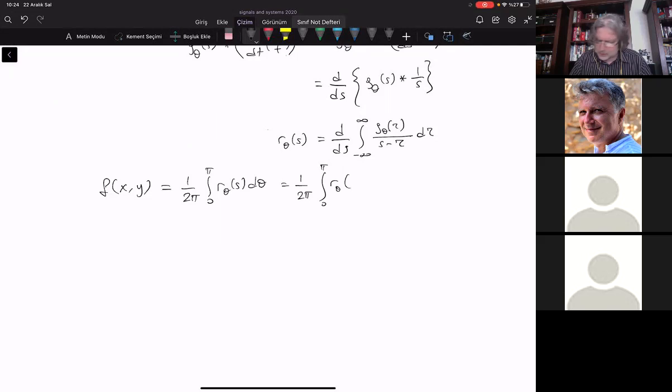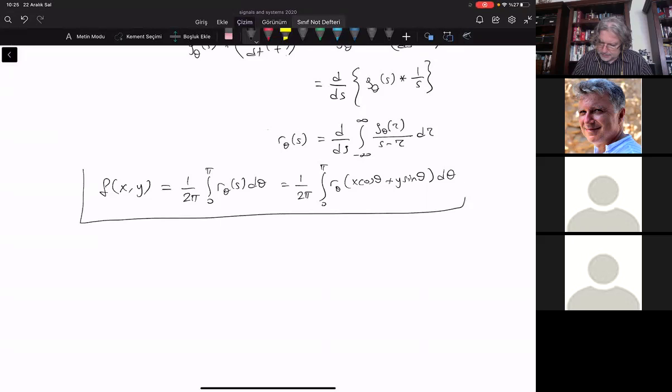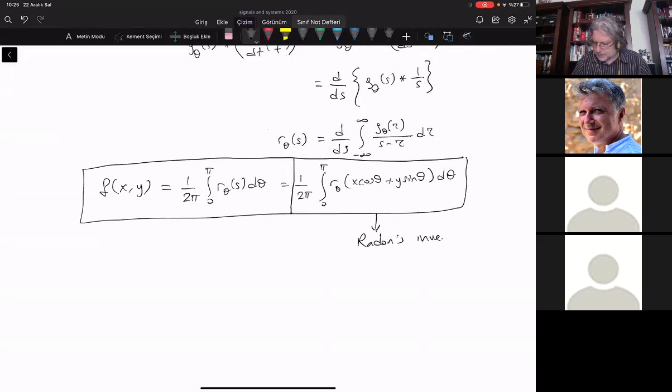Instead of s, I'm going to say x cosine theta plus y sine theta, because I need to have the result in terms of x and y, d theta. This, the right-hand side, basically, this part is known as the Radon's inversion formula.